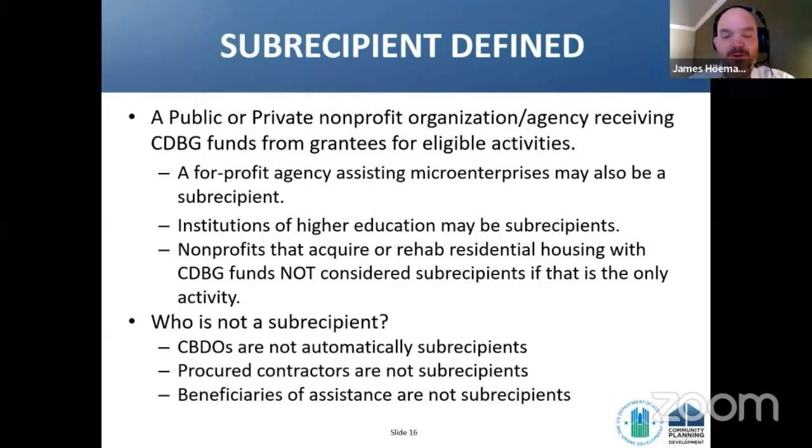Again, if you were involved in the NSP program, a lot of grantees were familiar with how to use contractors. And of course, your beneficiaries, those that are actually receiving CDBG benefit, they're not subrecipients, they're just beneficiaries. So those are the heads that you would be counting that receive benefit that you would report in IDIS. Next slide.